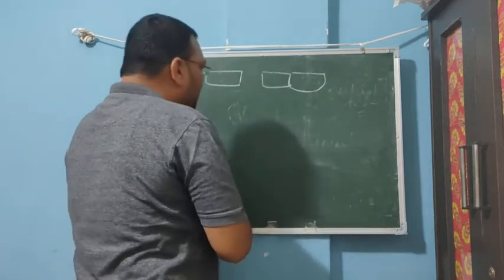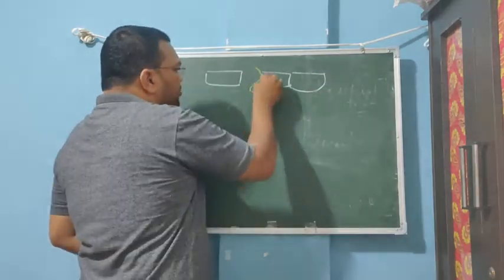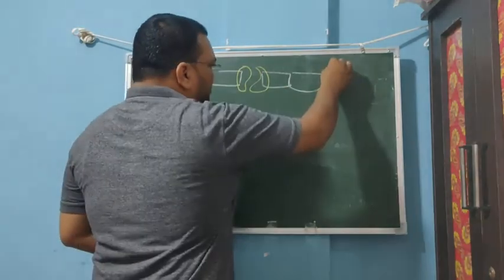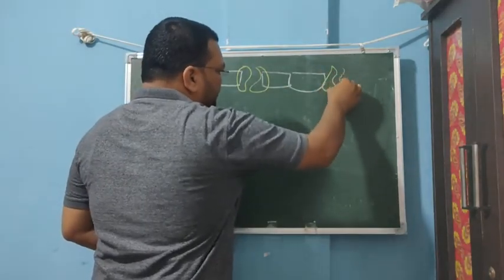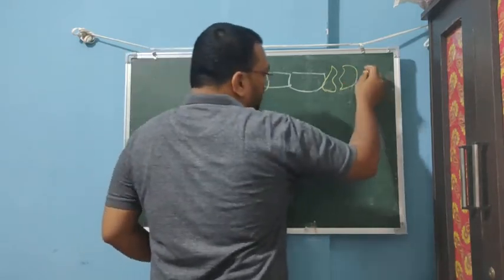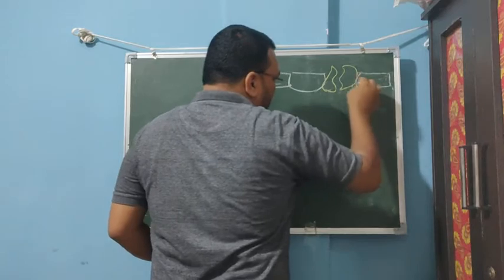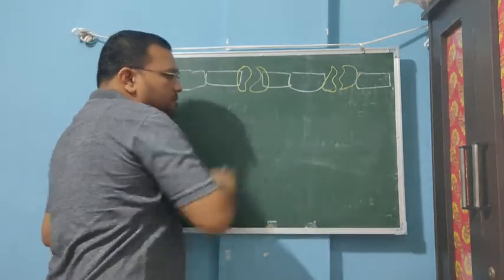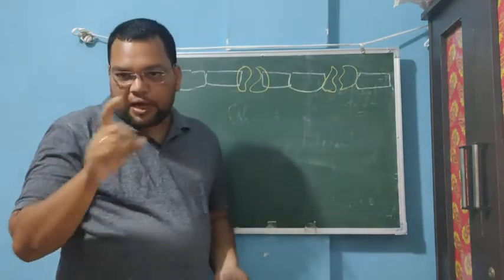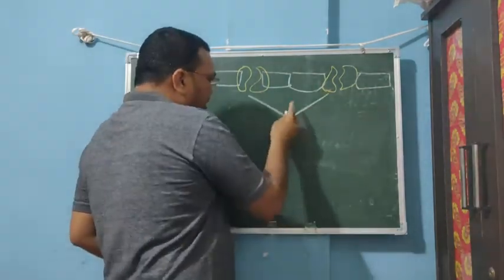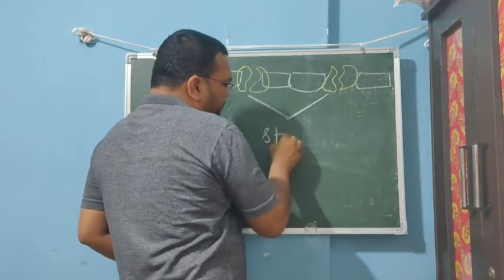In the epidermis, we find very minute pores like this. These minute pores are known as stomata.